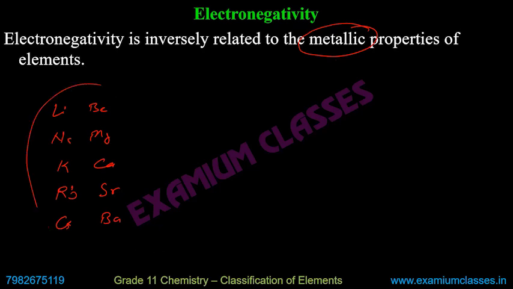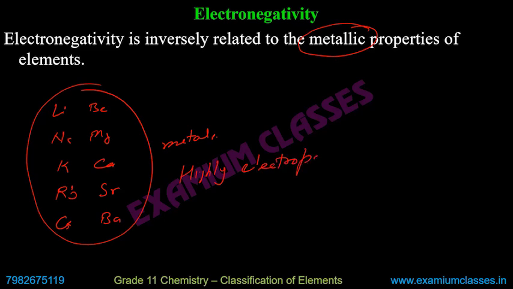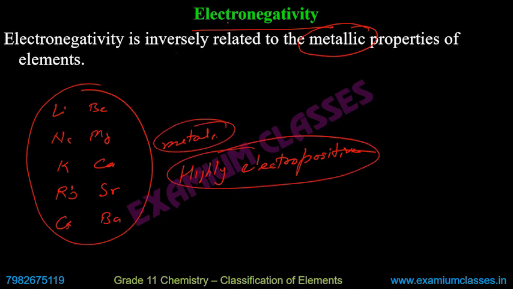So these are highly electropositive. These are metals, and metals are highly electropositive. And electropositivity is the opposite of electronegativity. So here we are talking about electronegativity. Because metals are highly electropositive, electronegativity will be inversely proportional to metallic properties.